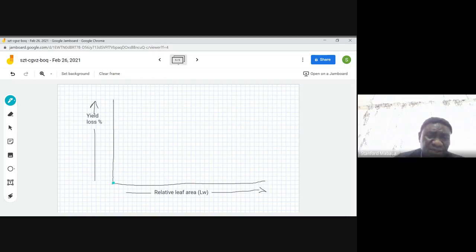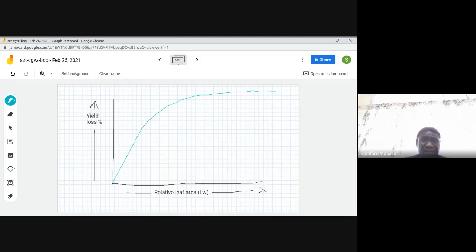So when they plotted the yield loss, they also got this shape. By the way, this shape is known as a rectangular hyperbola.